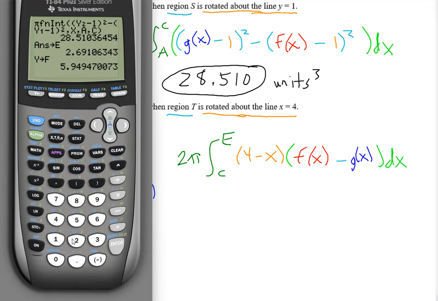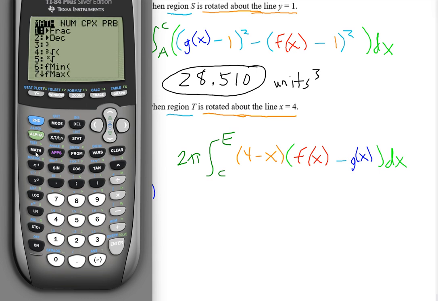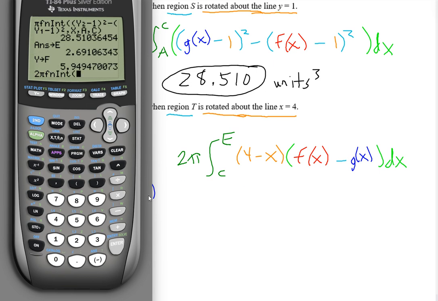All right, so let's go put that in our calculator here. So we have 2 pi on the outside. And then math number 9. And again, for the newer ones, you can put alpha c and alpha e right now. For the older ones, parentheses. And right here, 4 minus x. Close parentheses, and then open parentheses.